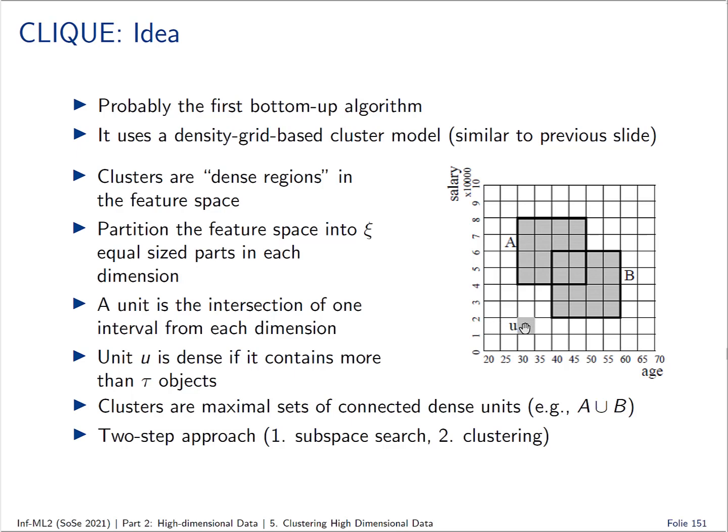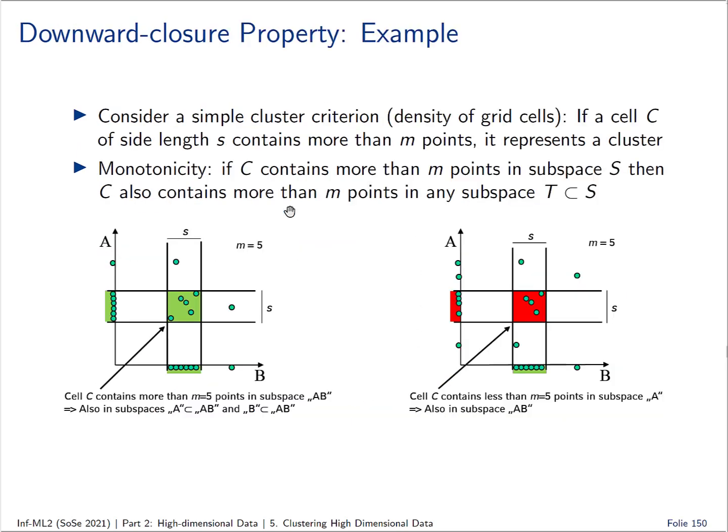These two intervals intersect here, and we get this grid cell, which we call a unit in that case. So that is the first parameter, the number of intervals along each feature, giving you the volume, and then we need a minimum number of points that need to be in a unit so that the unit is considered dense, considered to be a cluster or part of a cluster, and that is the m from before.